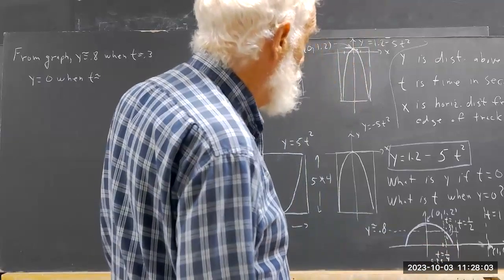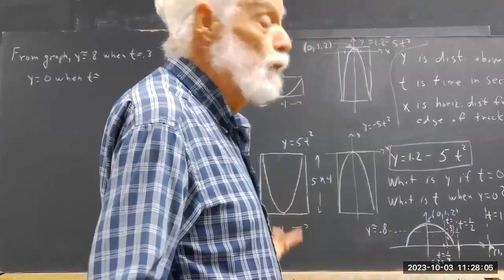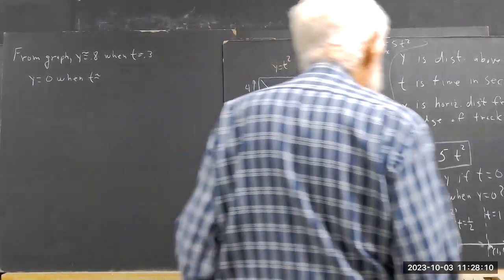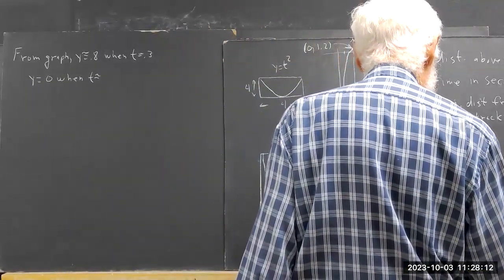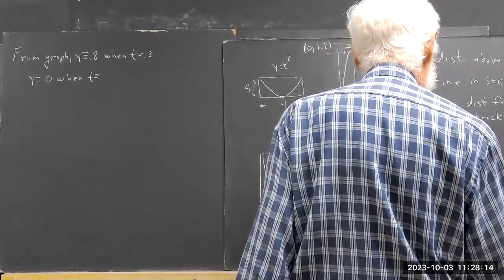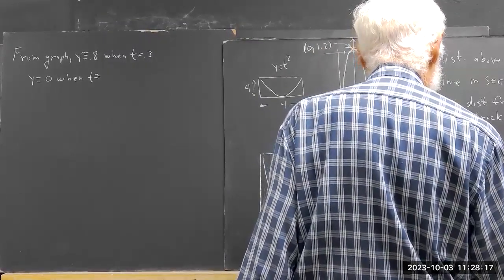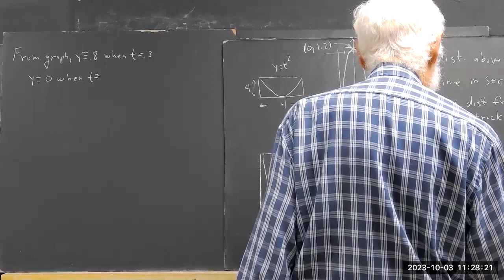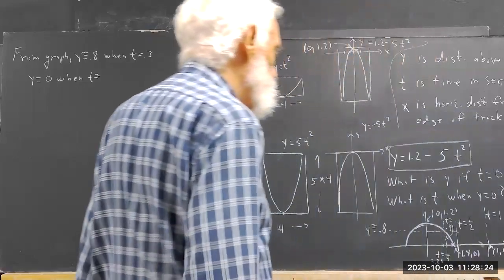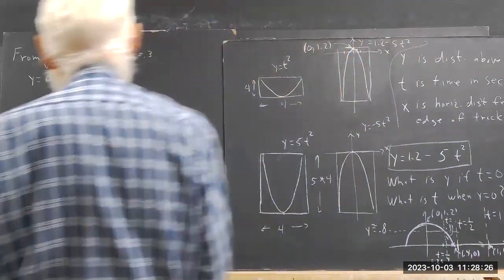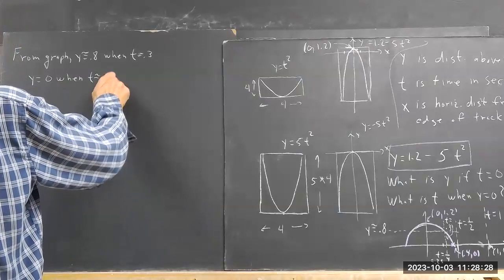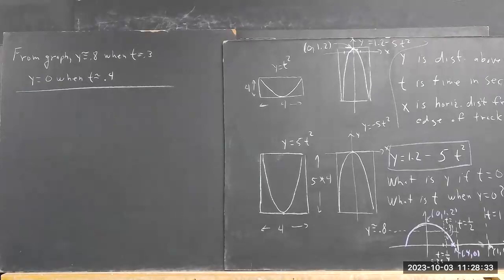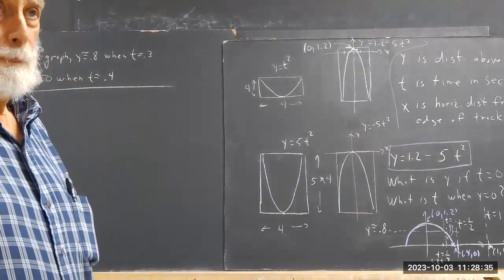It looks like the t coordinate of that point might be about 0.4. So this point here is maybe 0.40. Okay. Well, all that's the picture.